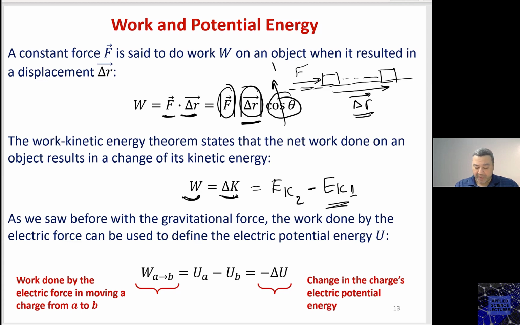So this work that the force has done to go from point A to point B is also equal to the electric potential energy at point A minus the electric potential energy at point B. Or if I am to write it in delta, then I have to make it as initial.